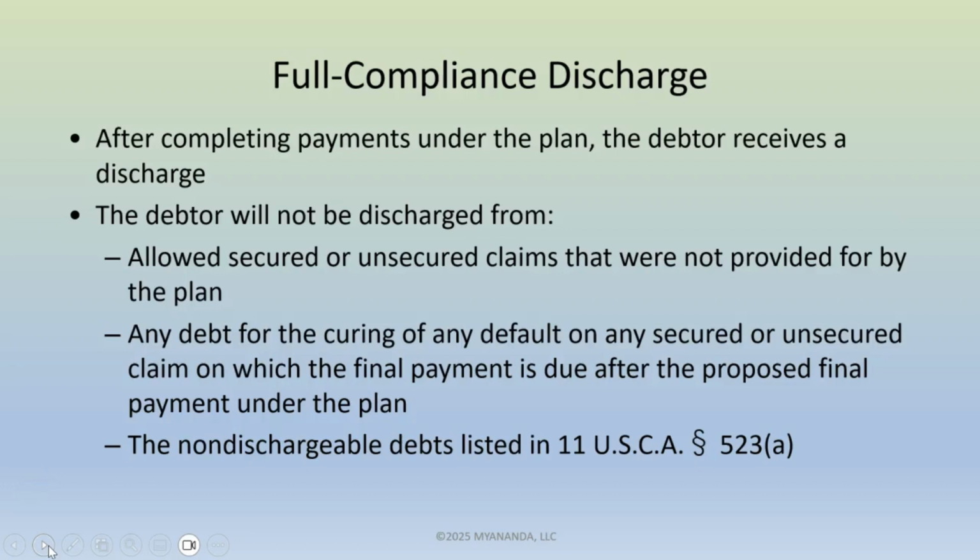It's like the plan provides for all this to be paid, and it includes secured and unsecured claims. So there's a standard already set by the plan. And then what's left after that standard: let's say the plan provides for $1 million worth of secured and unsecured claims to be paid, but the debtor had $2 million worth of them.